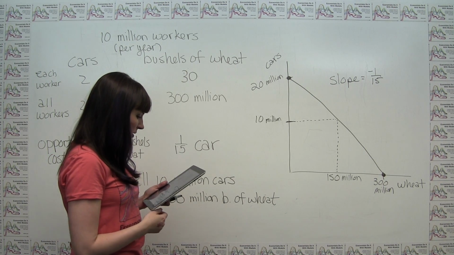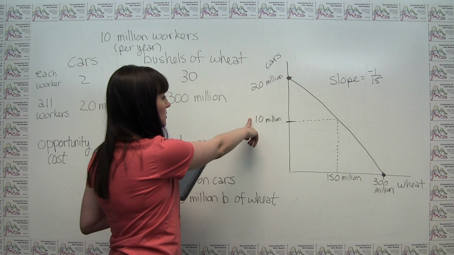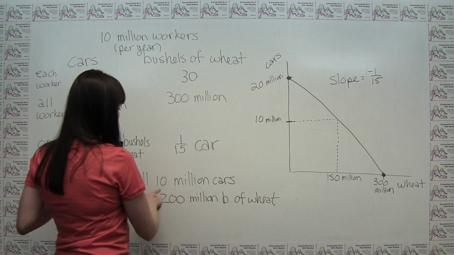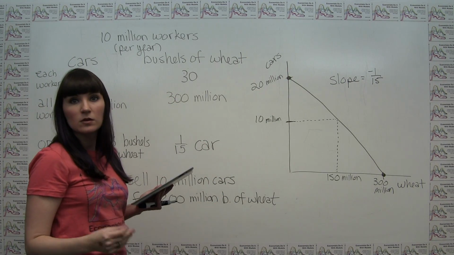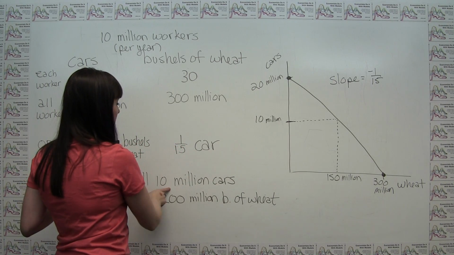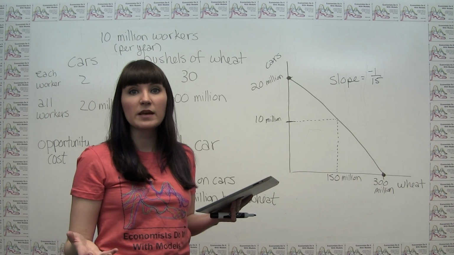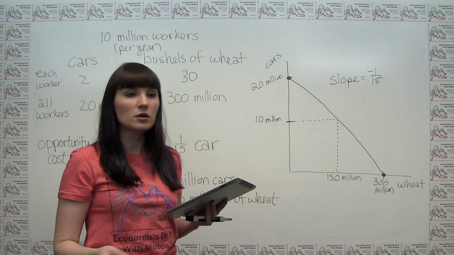So it says if Canada continues to consume 10 million cars, so they're consuming 10 million, and then they can make a total of 20 million. So let's consider a situation where they're consuming 10 million and they're selling the other 10 million, because that's the only way that they can both make this deal and continue to consume 10 million cars.